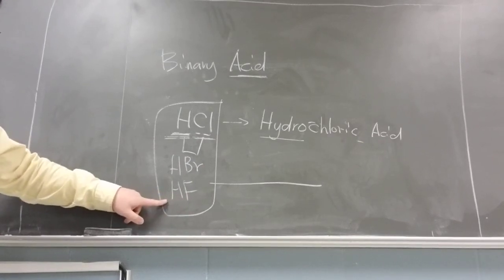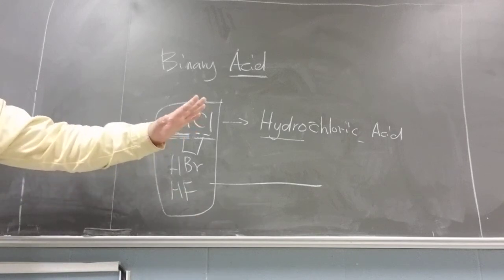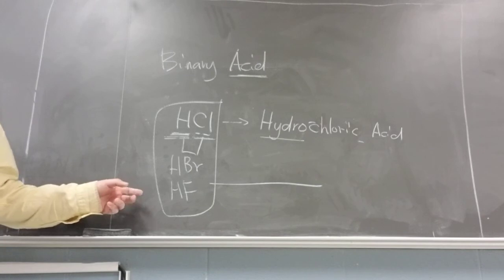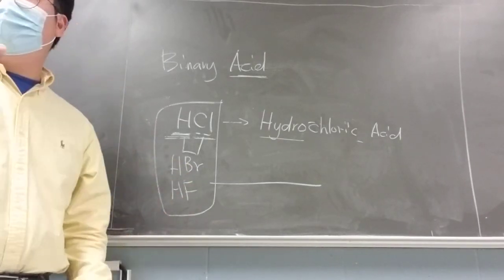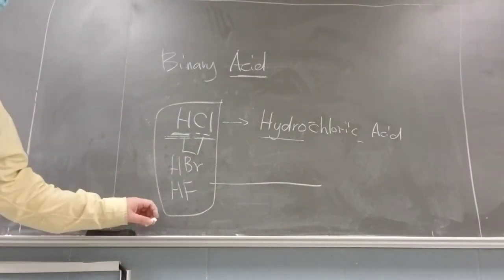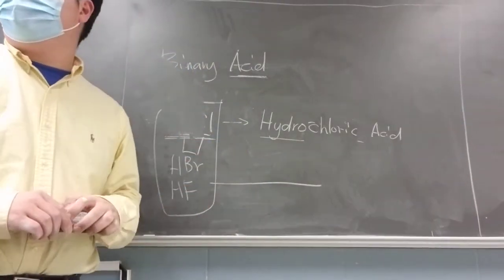This will become hydrofluoric acid. That's it. And you have iodine too. It will be hydroiodic acid. Okay, it's easy, right? That's all you need to know. If it's binary, 1, 2, that's all you need to know. Okay, does it make sense?